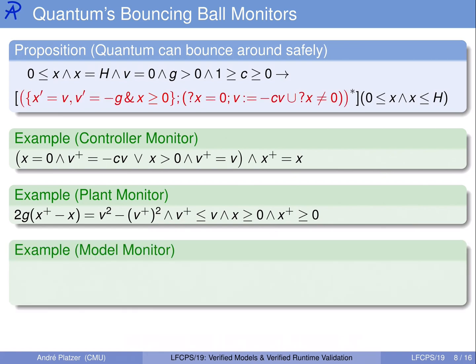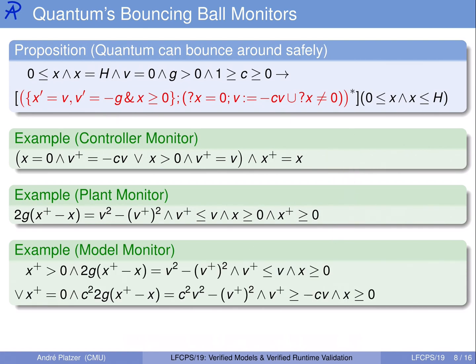So now we have a monitor for that, but how do we get a monitor for the entire model that includes both the differential equation and the control part of it? Well, I guess what we have to do is somehow staple the monitors together, the controller monitor with the plant monitor. And here we go, here's the answer. I guess this now gets a little subtle, but here's the point.